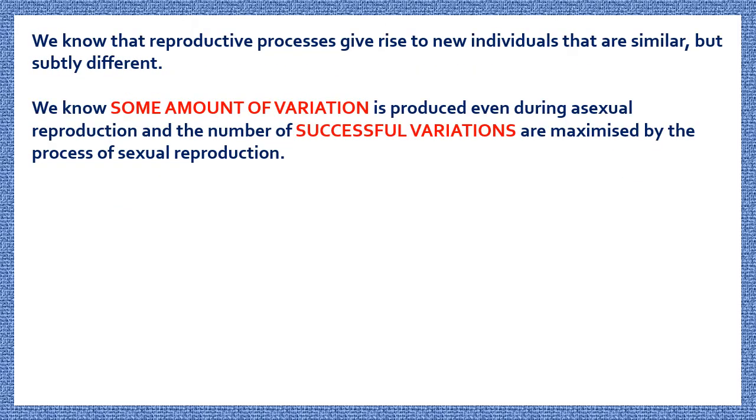See, you know that reproductive processes give rise to new individuals, and those new individuals are similar, but they are subtly different. Somehow they are different from each other. And you also know that some amount of variation is produced even during asexual reproduction, and the number of successful variations is maximized by the process of sexual reproduction.